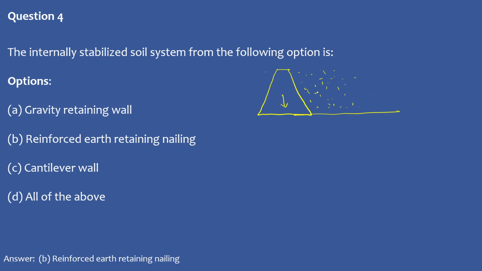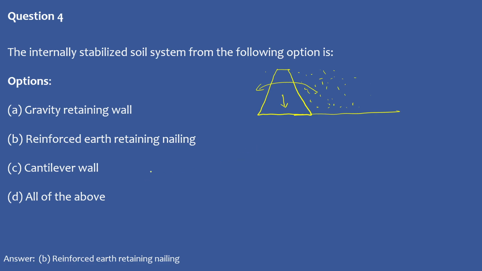Whatever overturning moment is generated due to the soil at the backfill is resisted using the body weight of the retaining wall, and that's why the resistance mechanism is through an external force provided by the dead load of the gravity wall.